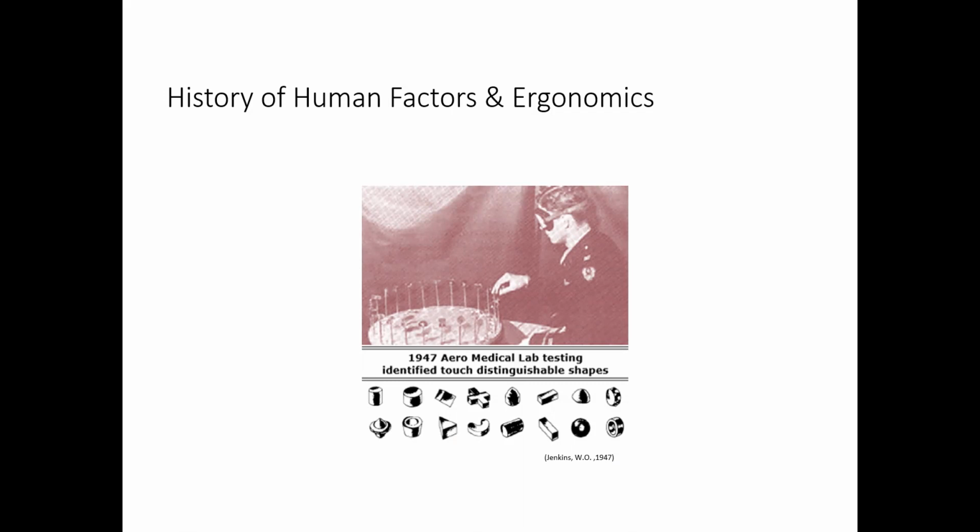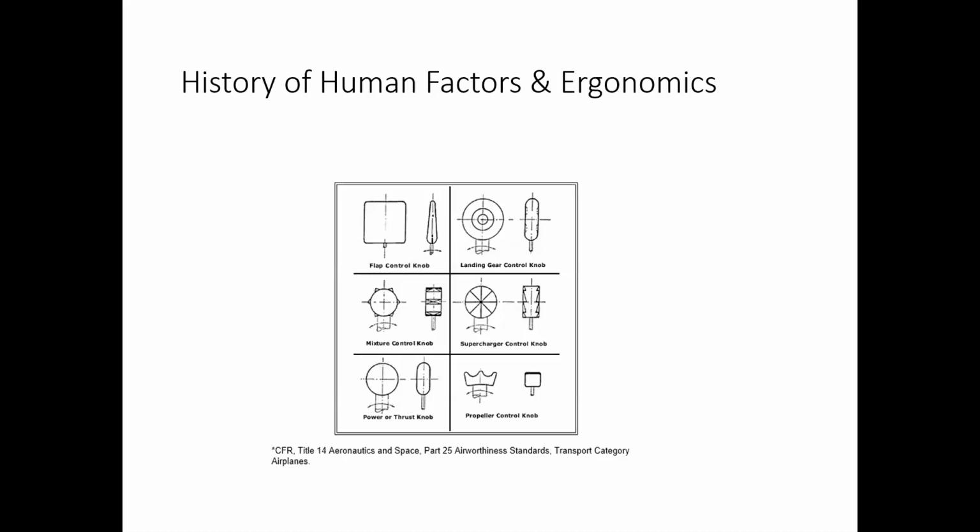So how accurate are we at deciphering shapes by touch and differentiating those? We're very good at it, by the way. So these are some of those knobs, and as they designed them, once that worked for those first two levers, they started to adapt that to a lot of different things.